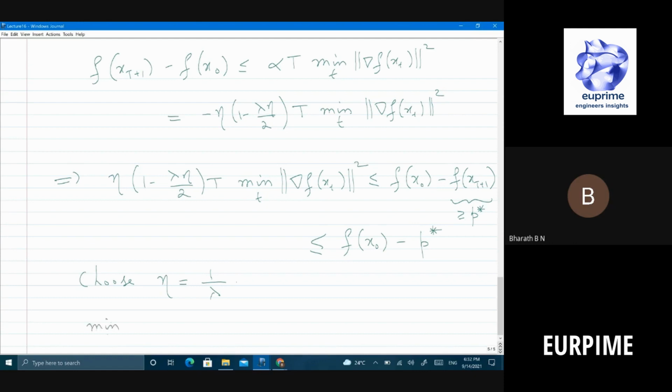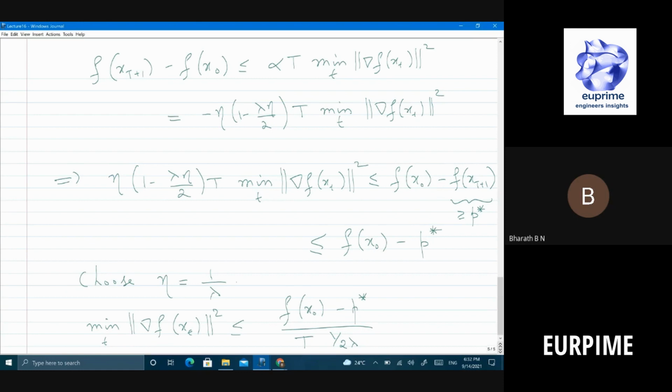So minimum over all t, gradient norm squared at time t is less than or equal to f of x_0 minus p star divided by eta, which is 1 by lambda, right? And this will be 1 by 2, right? It will be 1 by 2 lambda, right? So you'll have 1 by T times 1 by 2 lambda, right? Do you agree with this?